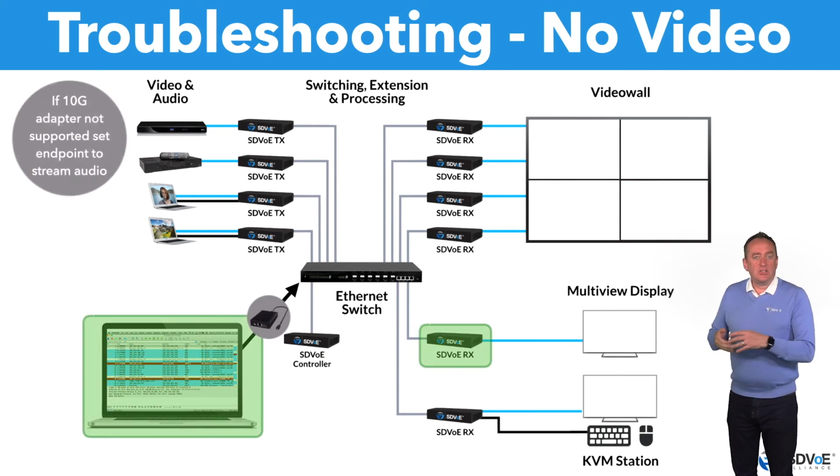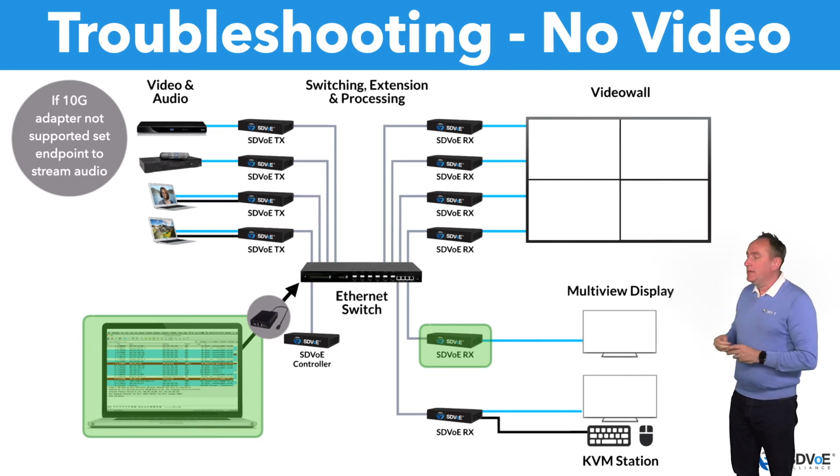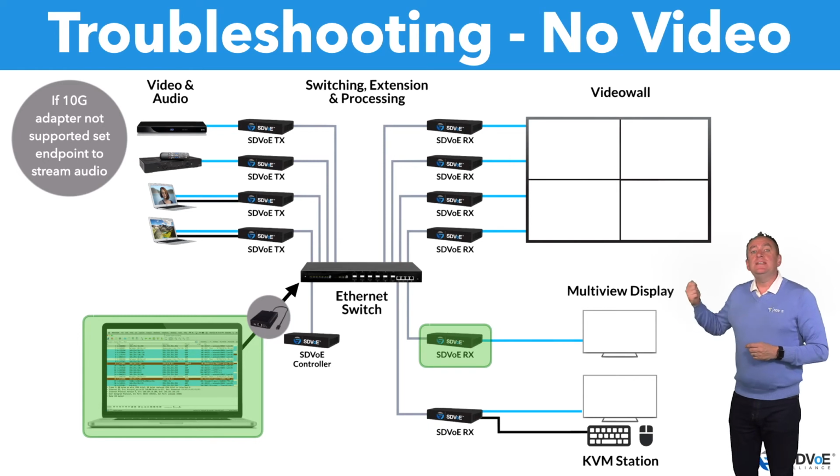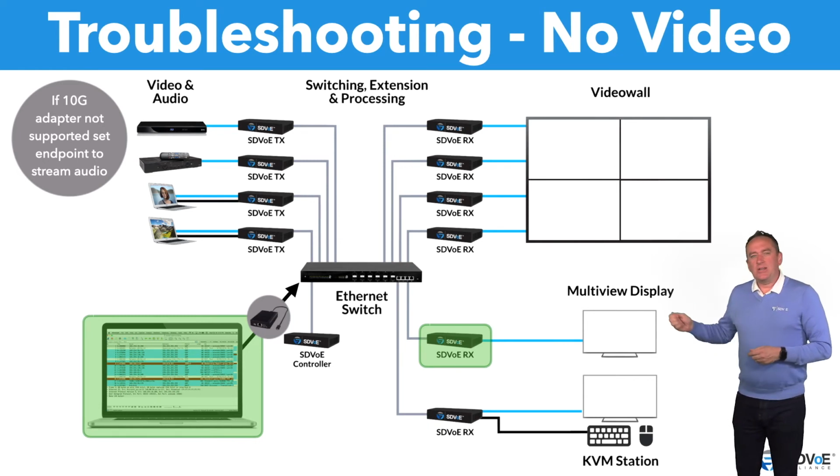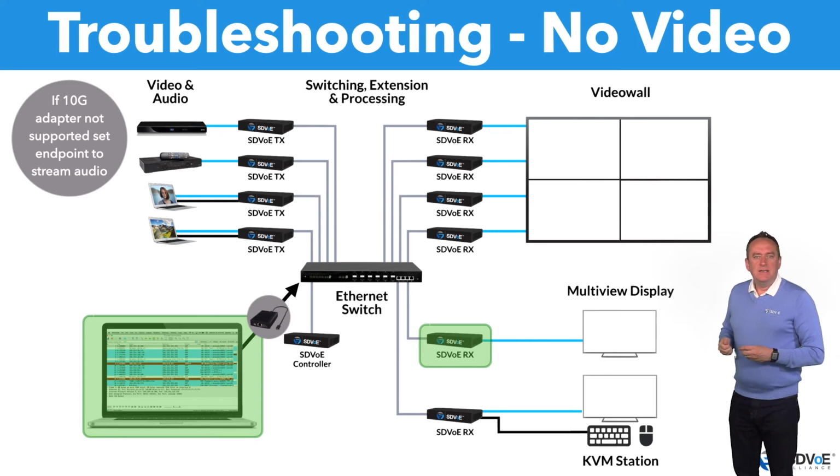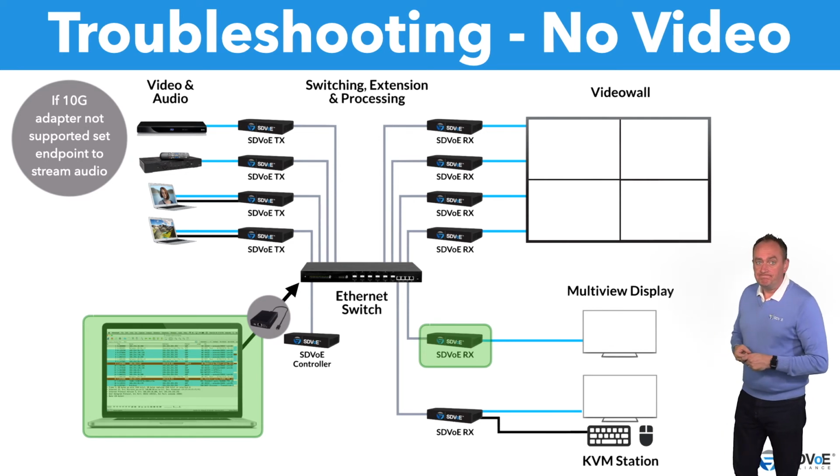However, if it doesn't, you can set your endpoint to only stream audio and use an audio streaming application on your computer like VLC to join the multicast group of the endpoint. And that'll allow you to visually see the multicast traffic to that group. This might take a bit of practice, but once you've mastered it, it'll prove invaluable to any future troubleshooting that you might need to do.